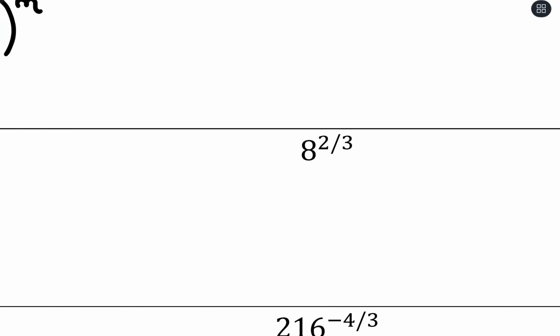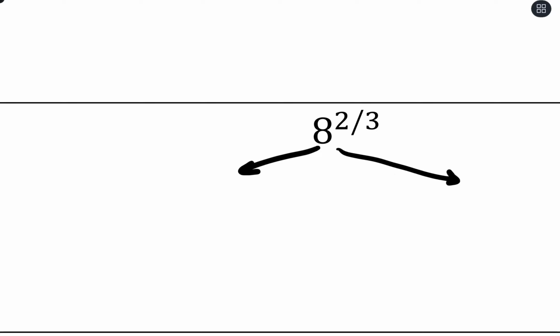If I have 8 to the 2/3 power, now there's two ways we can go with this, especially if we're trying to do calculations without a calculator. Sometimes one way is easier than the other. So 3 is in our denominator, so that's going to be the index.